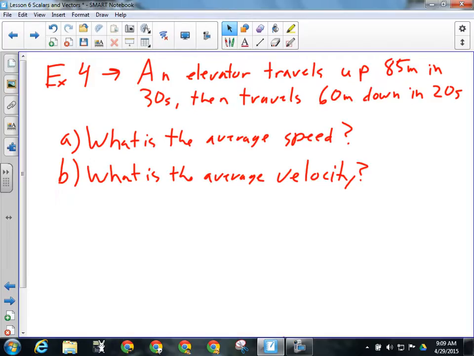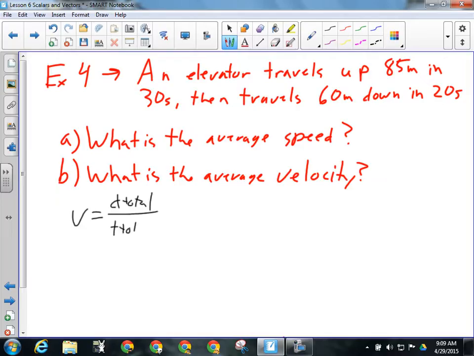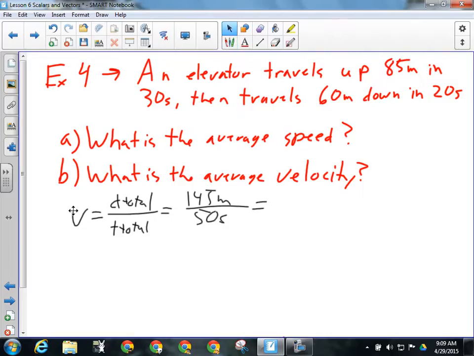For part A, average speed is total distance, because we worked on this yesterday, d total over t total. The total distance traveled is 85 plus 60, because it doesn't care what direction it went. So we're looking at 145 meters, and that's going to happen in 50 seconds, because that's our total time, 30 plus 20.